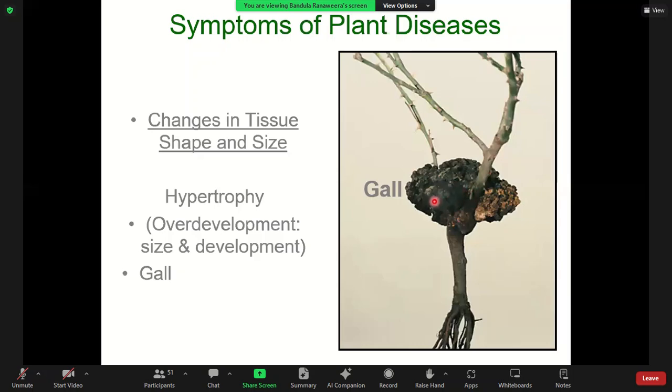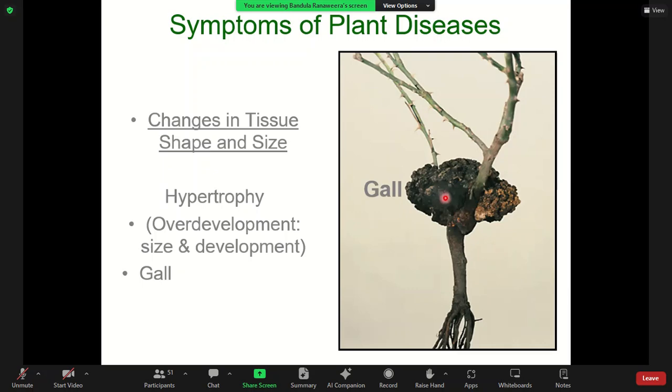We call this the development of galls, and changes in the shape and size of the tissue or organ. When there is unusual excess development, we name it hypertrophy, overdevelopment.